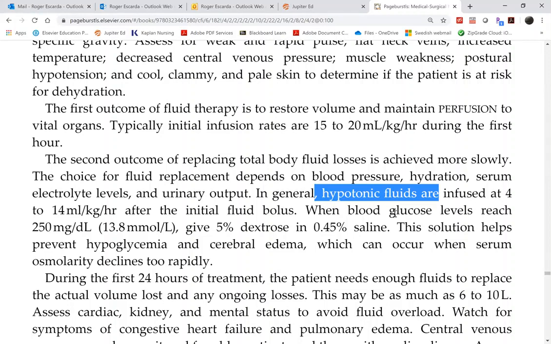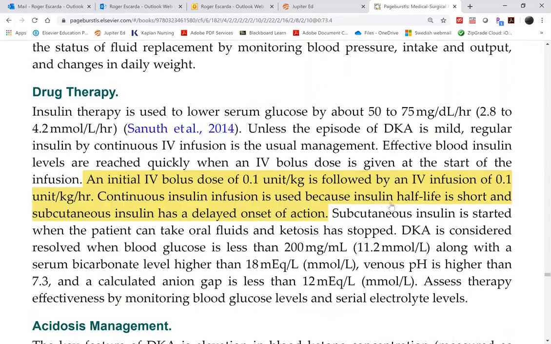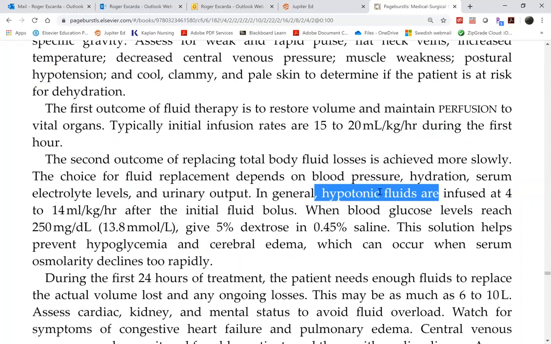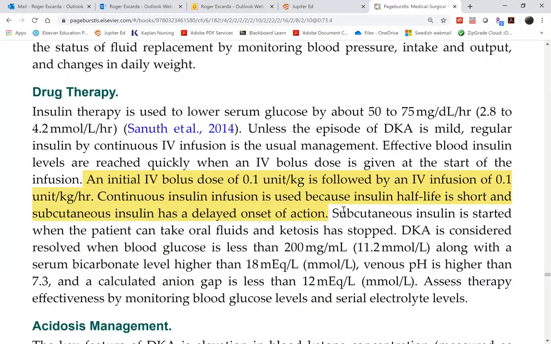No. Because you just told me that the potassium here will drop. So what needs to be added to this half normal saline bag? Is it potassium? We will add potassium chloride into that bag because you agreed with me that it's not a matter of if. The potassium level will drop once you start giving IV insulin, correct?